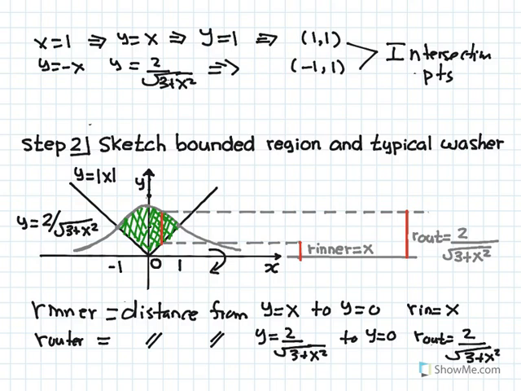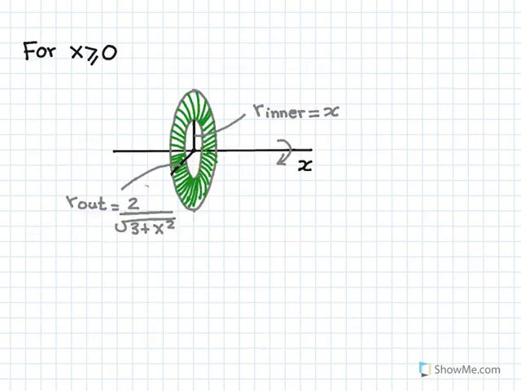I should also add that the slice that we draw must be perpendicular to the axis of rotation. Notice how this slice touches the function 2 over root of 3 plus x squared at its top, and it touches the function y equals x at the bottom. And that's why we have an inner radius and an outer radius. All right. So for x larger than 0, we have a typical cross-sectional slice. And let's label the inner radius and outer radius for x positive and x negative as well.